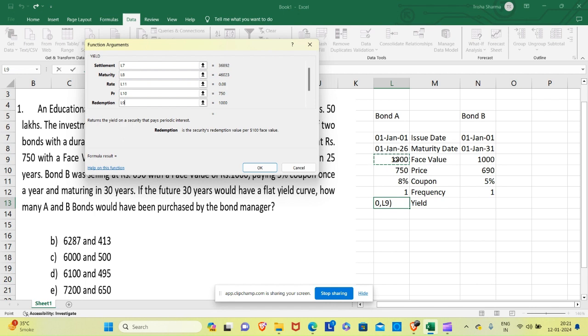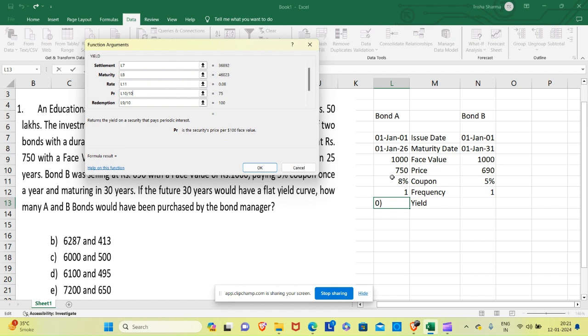Now please remember that the price and redemption have been given as 1000 and 750. In Excel, the hard-coded value is 100, so face value is taken as 100 in the yield formula. So we will have to divide the redemption by 10, and we will also have to divide the price by 10. Why?